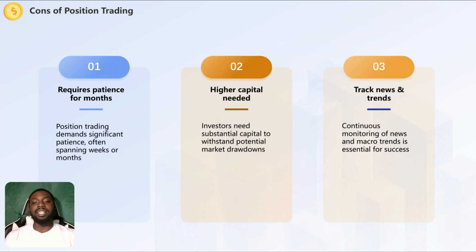Position trading demands significant patience, often spanning weeks or months. Higher capital needed: investors need substantial capital to withstand potential market drawdowns. Track news and trends: continuous monitoring of news and market trends is essential for success.